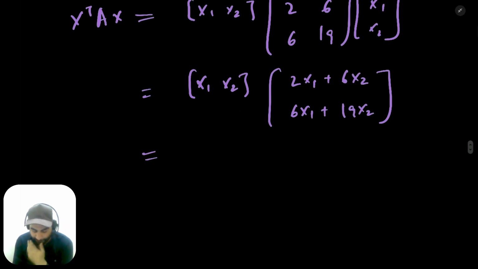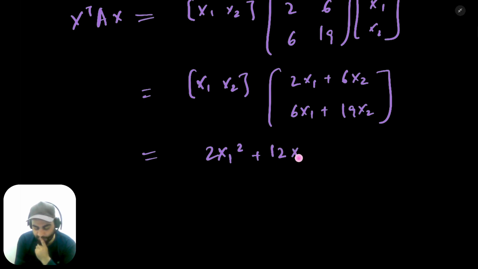Now I'll again multiply this with this. Help me multiply, just check my calculations. So this will be 2 times x1 square, and then we have plus 12 x1 x2, and then plus 19 x2 square.